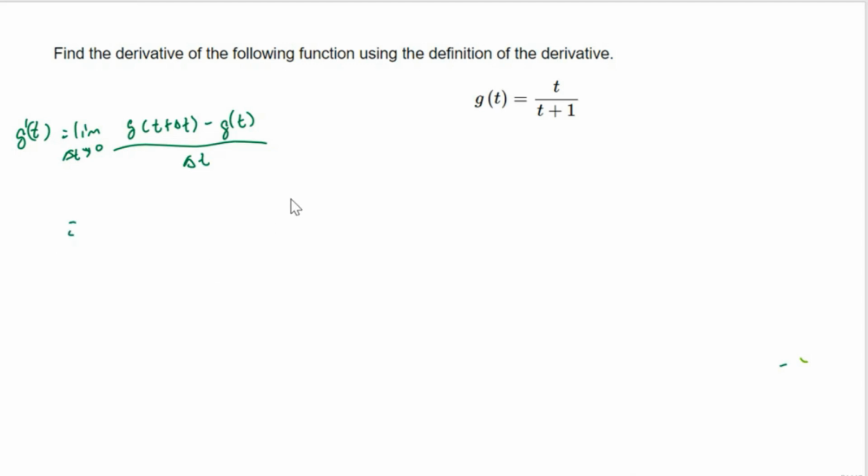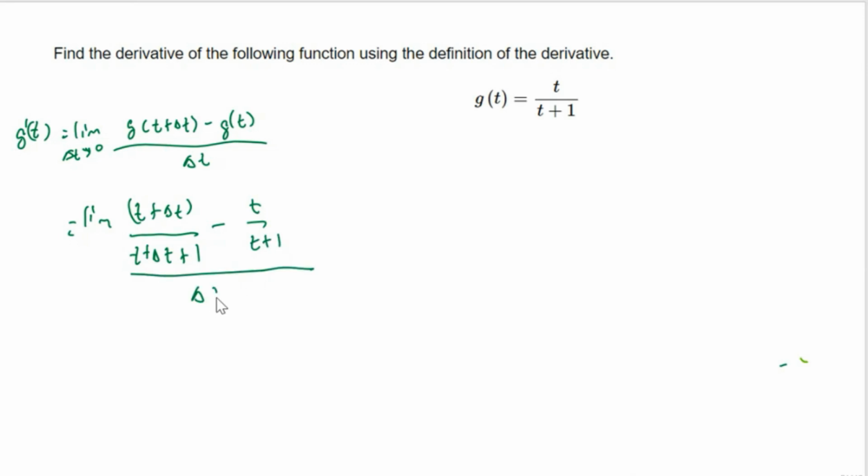So by substituting, we are going to replace t by t plus delta t. So we have the limit of t plus delta t, that is, t will be replaced by t plus delta t, all over t plus delta t plus 1, minus g of t, which is actually the given, t over t plus 1, all over delta t.